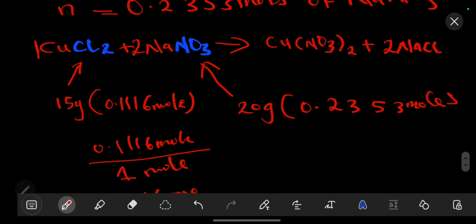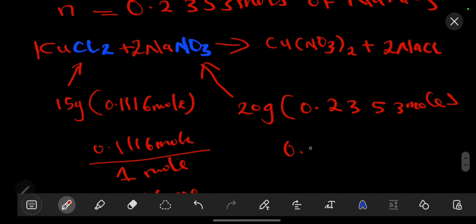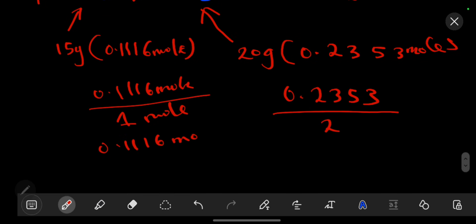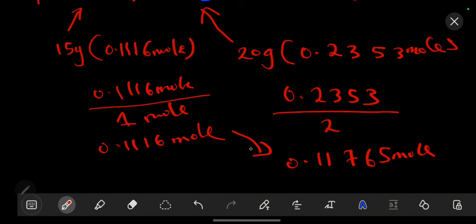You compare it with the other substance, 0.2353. You divide it by 2, and we get a value equivalent to 0.11765 moles.